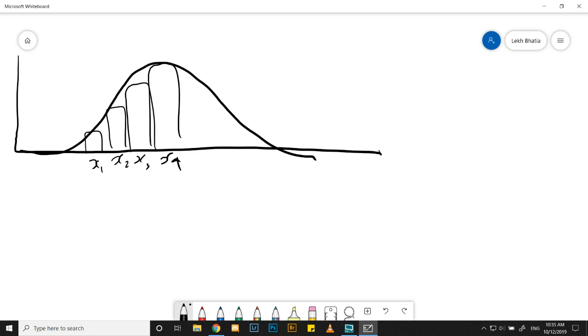It's basically finding the weighted average of what you're going to get. So x1 has a low probability, x2 is something higher, x3 is even higher, x4 is even higher, and all of these are different probabilities. I multiply them by that probability, and then I take the average. So basically I'm taking the average of every single value over here.